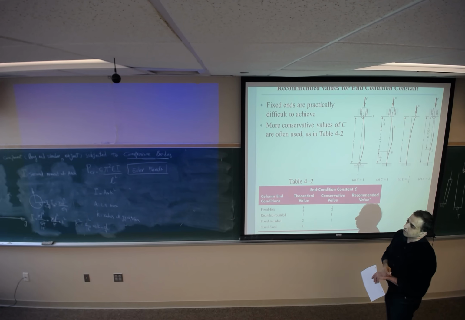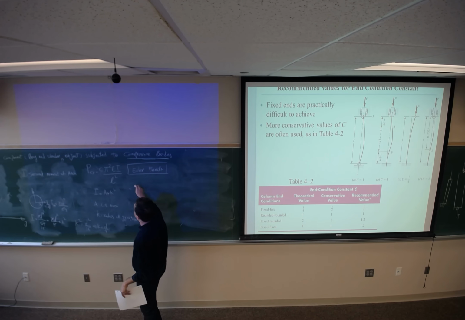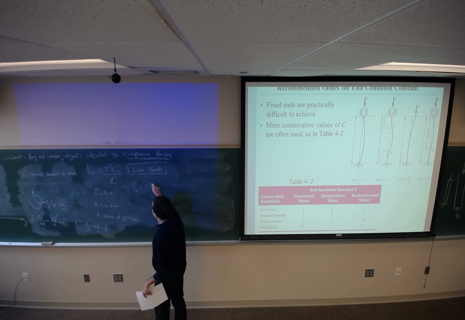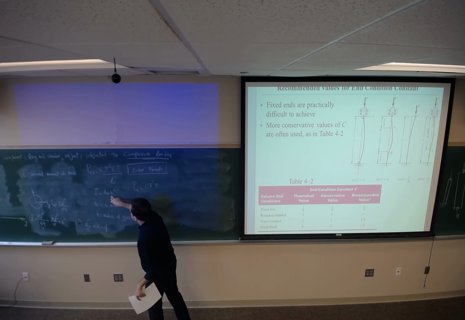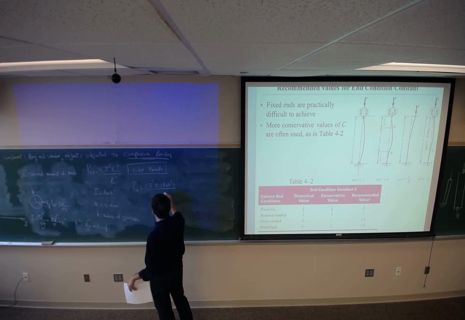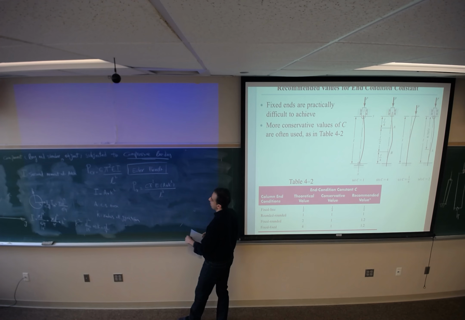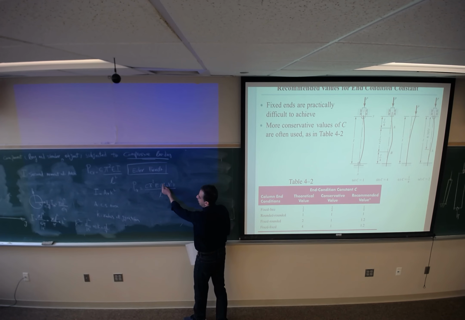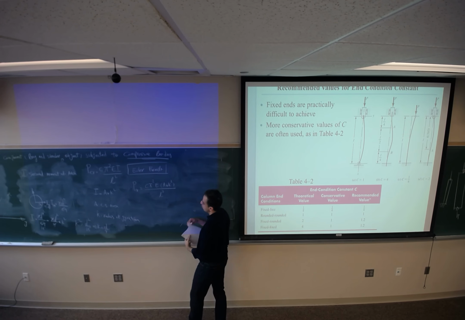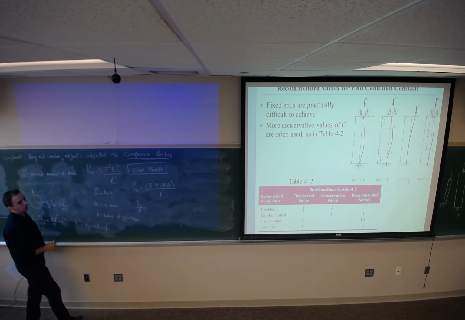So what I'm going to do is replace this I by A times k squared. Doing some math, P critical would be C pi squared E A k squared divided by L squared. I divide both sides by A, so P critical divided by A is the load per unit of area.